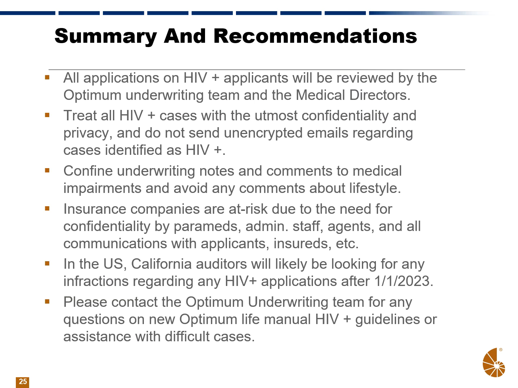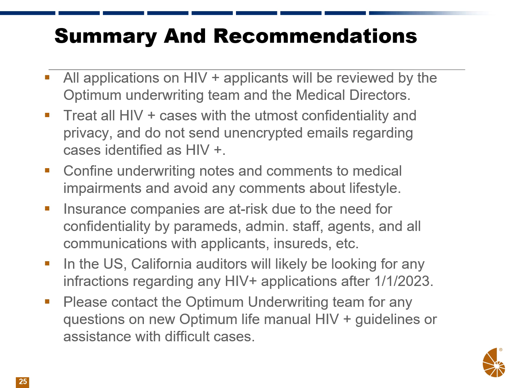So in summary, what we would recommend is all applications on HIV positive applicants are reviewed by the Optimum underwriting team and medical directors. All HIV positive cases are treated with the utmost confidentiality and privacy, and we do not send unencrypted emails regarding cases identified as HIV positive.